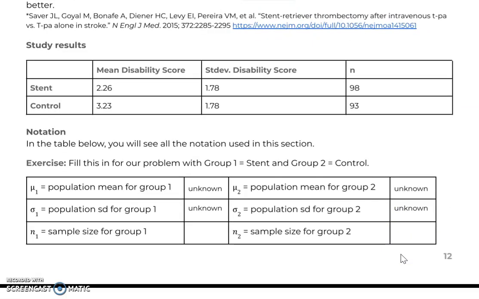So let's fill in some of these parameters. Our mu1 is the population mean for our stent group. Mu2 is the population mean for the control group. Both of those are unknown. Our standard deviation for both groups are also unknown. Our sample size is 93 for the control group and 98 for our treatment group.